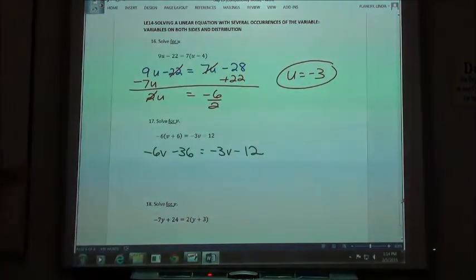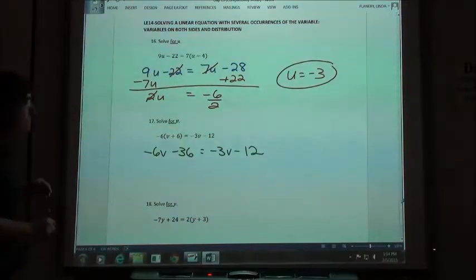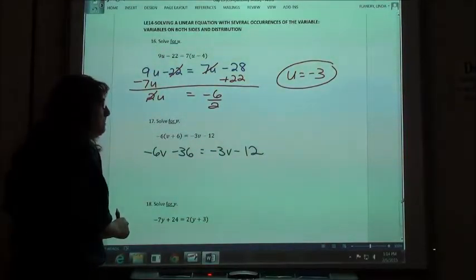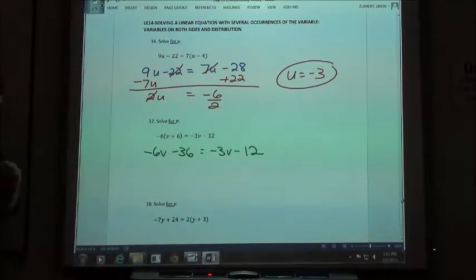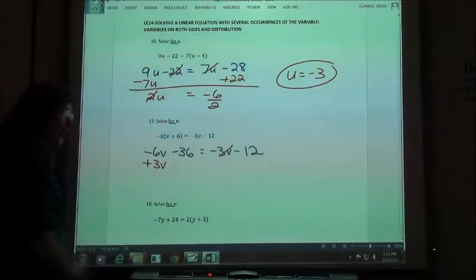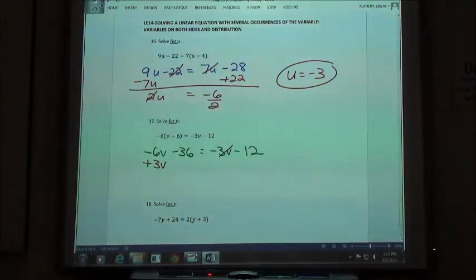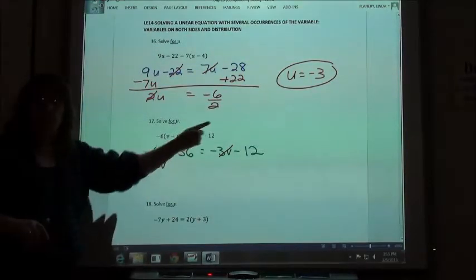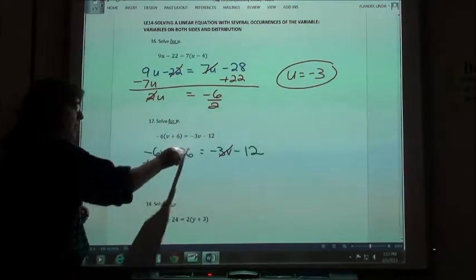So, if I want to move my v's over to the left-hand side, what am I going to do with that negative 3v? Plus. I'm going to plus it. Cross it off from here, move it over here, and add it. Since it was negative, I got to make it positive. Then I'm going to move my number over to the right-hand side. Since this is a minus 36, when I move it over to the other side, I'm going to do what?